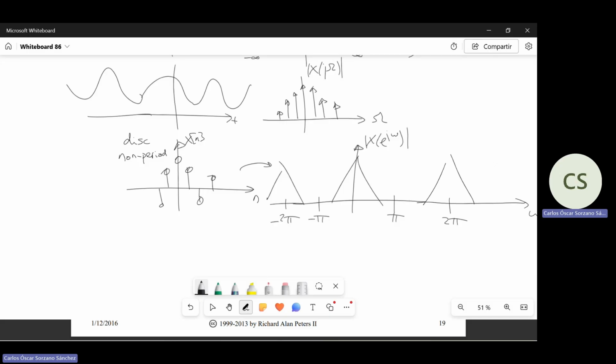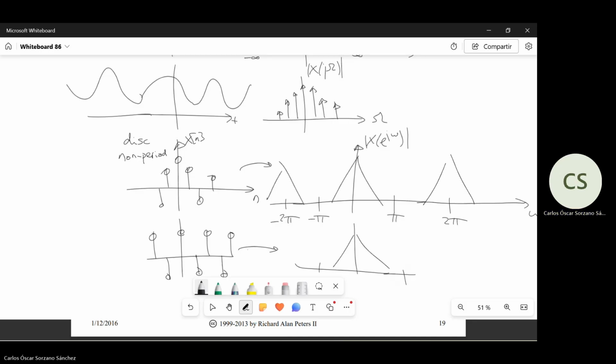That is what happens if this signal is periodic. Let's say it is this one, or it is trying to represent something that is periodic. You do the Fourier transform, and then you have this kind of a spectra that is periodic. I will not draw the periods.